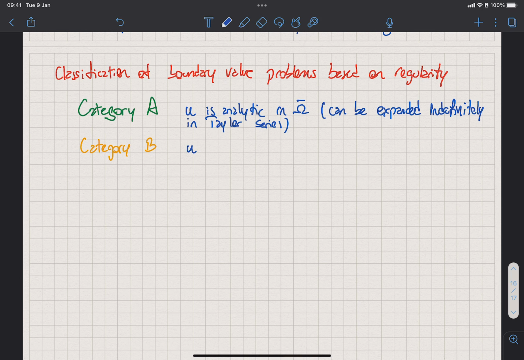So u is analytic in omega, except in a finite number of sets of 0 measure.